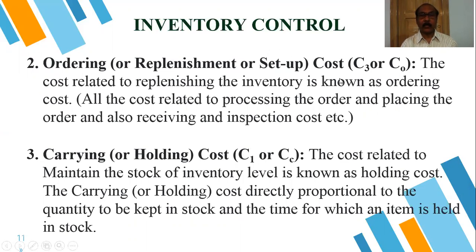Here this is denoted by C3 or C0 or CO. We are not considering CS here, because that CS we use for the shortage cost, which is another cost. That time we use that notation. Here we are using C3 or C0 or CO. We can call it the ordering cost or replenishing cost.